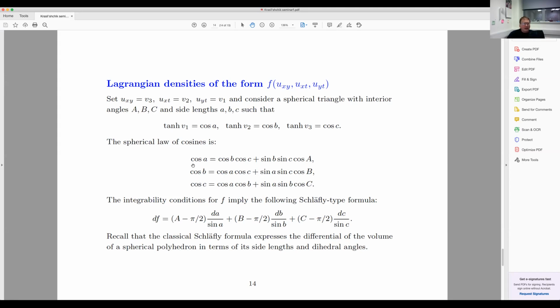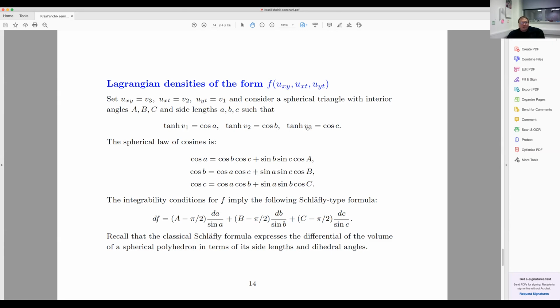Then we have the so-called spherical cosine laws. These are the relations which hold for every spherical triangle. Remember that these variables, small a, small b, and small c, we already know. We express them in terms of v1, v2, and v3.